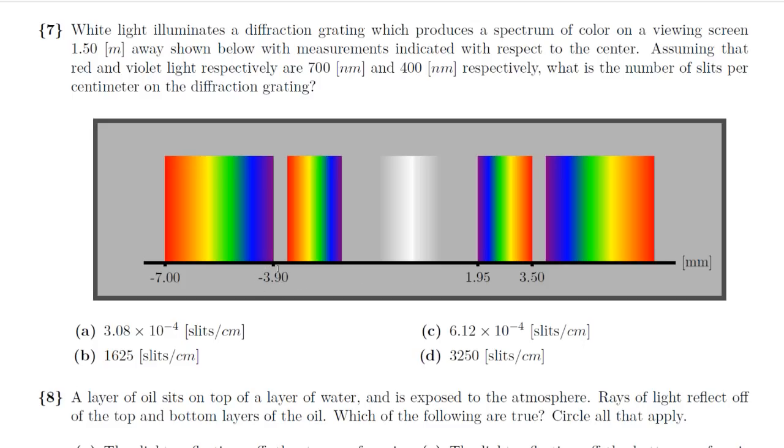So you have this distance here, and here, and here. That's all the distance from the center. So now, given those measurements, assuming that red and violet light respectively are these two following wavelengths, 700 and 400 nanometers, what is the number of slits per centimeter on the diffraction grating?